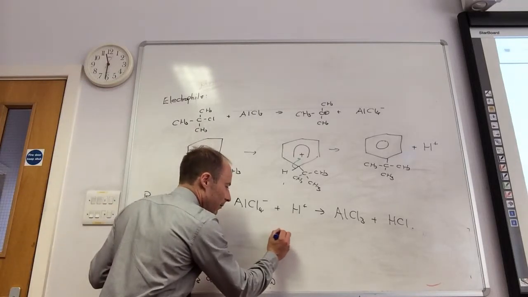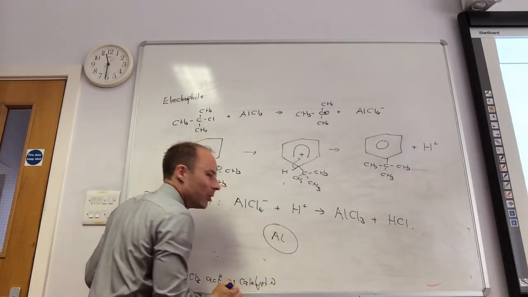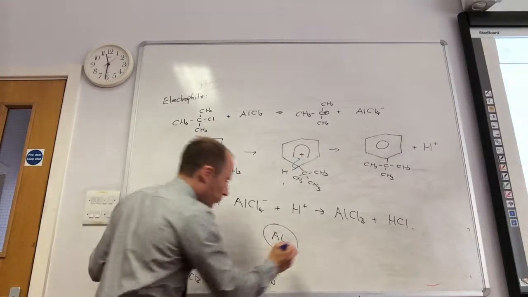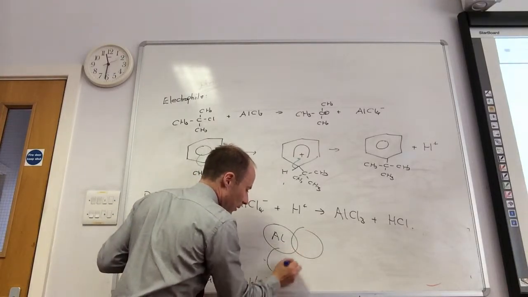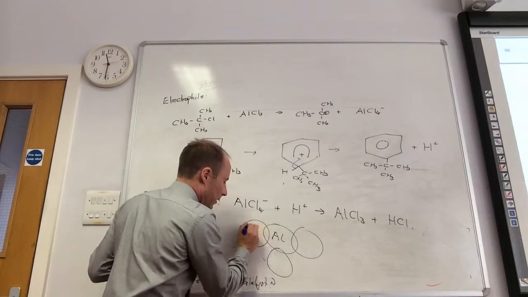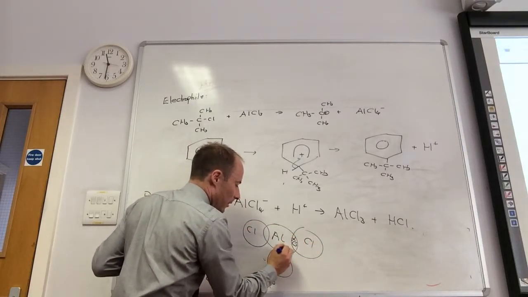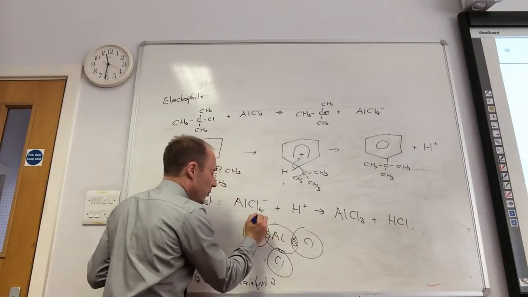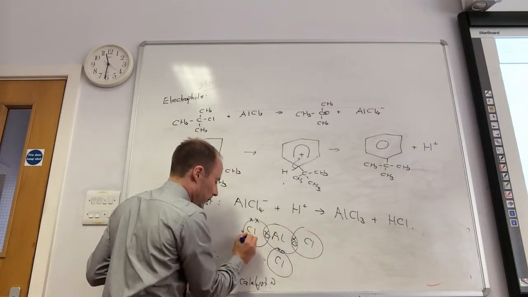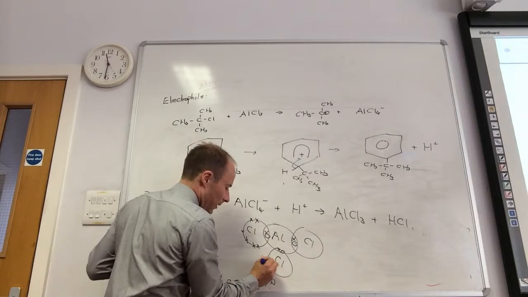I've got aluminium. How many electrons does aluminium got in its outer shell? 3. Like so. So he forms his bonds with chlorine, like so.